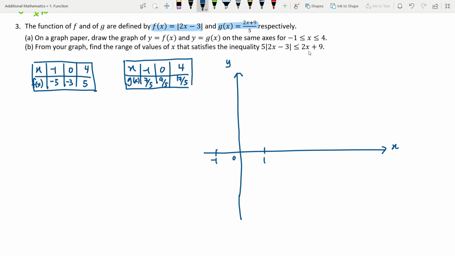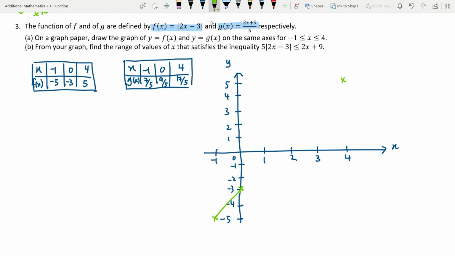-1, 1, 2, 3, 4. Let's sketch the graph f(x) without the modulus. -1, -5, 0, we get -3, 4, we get a 5.